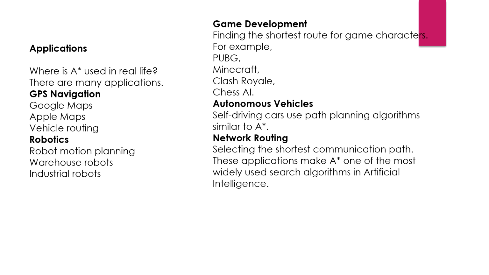Next, we will see the applications of the A-star algorithm. First one, GPS navigation. The most common application of A-star is the GPS navigation system. When we use Google Maps or another navigation app to travel from one location to another, there are often multiple possible routes.